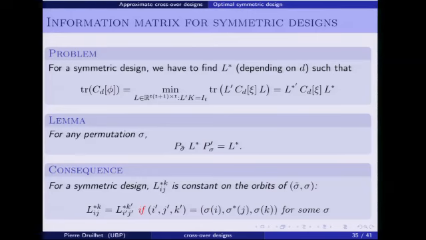The consequence of this lemma is that the entries of L star are identical when they belong to the same orbit of the group, the group of permutation of A j k, which is given by sigma i, sigma star j, sigma k. So you have here a group of permutation, and you know that L is constant on the orbits of this group. If you have a circular design, you just remove the star here, and you have just the triple orbit of the group, but here it's a bit more complicated because of the star.